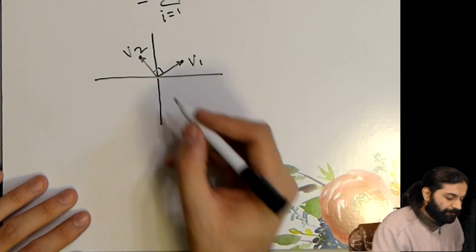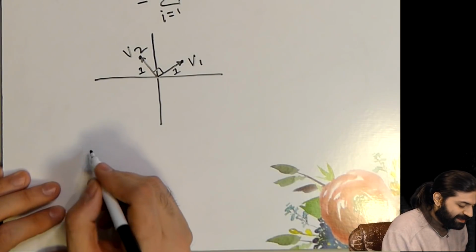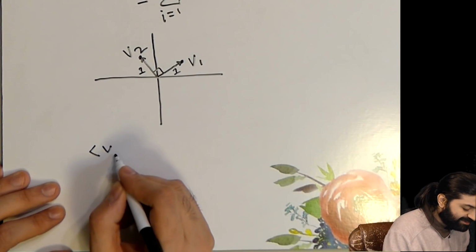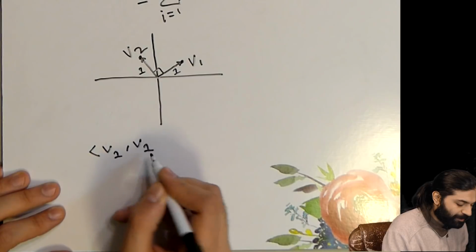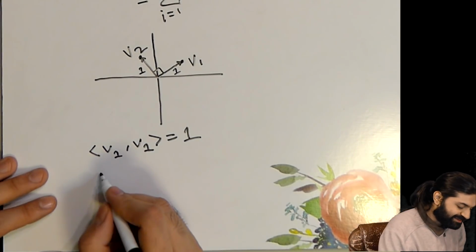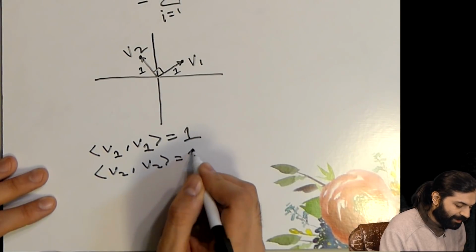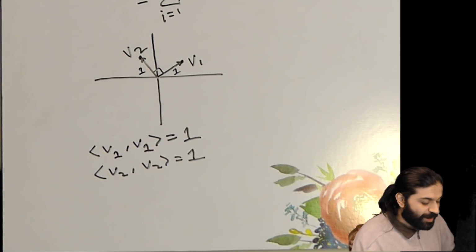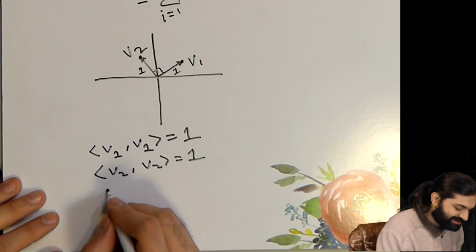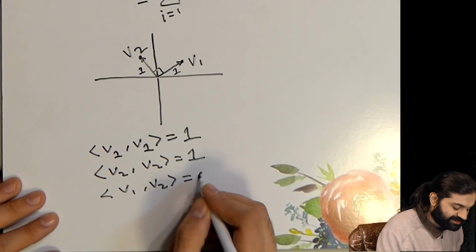Number 1, because I just said V1 has a length of 1 and V2 has a length of 1, the first thing is that if you take the inner product of V1 with V1, you will get 1. The next thing, similarly for V2 actually, if you take the inner product of V2 with V2, you get 1. Now since V1 and V2 are at right angles to each other, another fun fact is that the inner product of V1 and V2 is 0.